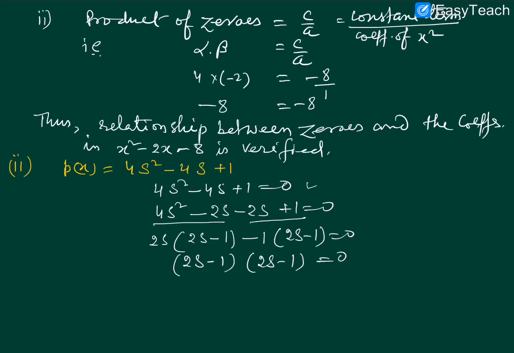Clearly, this expression is 2x minus 1 whole square. Now, this implies that 2x minus 1 is equal to 0 or 2x minus 1 is equal to 0. In both the cases, we get repeated roots as 1 by 2.